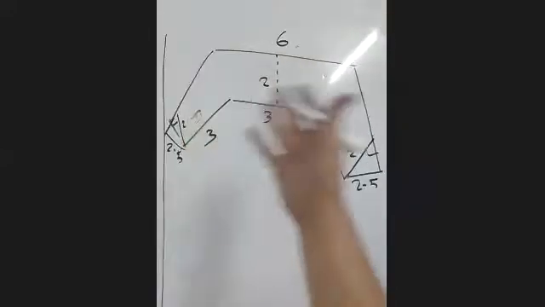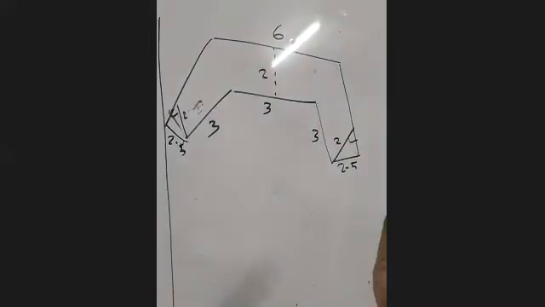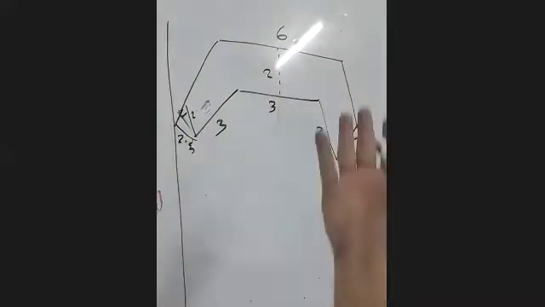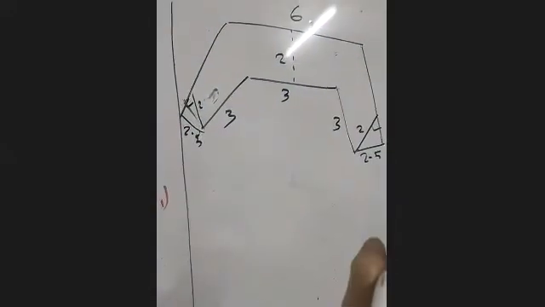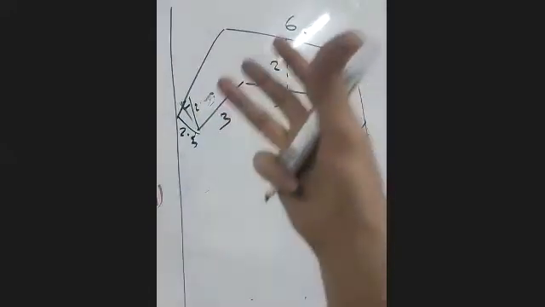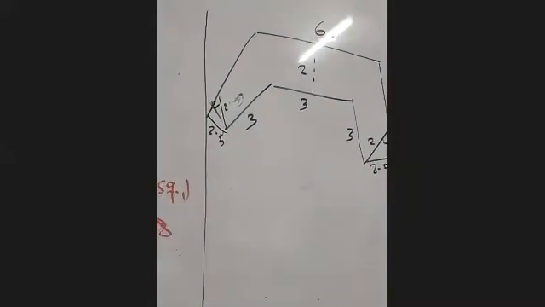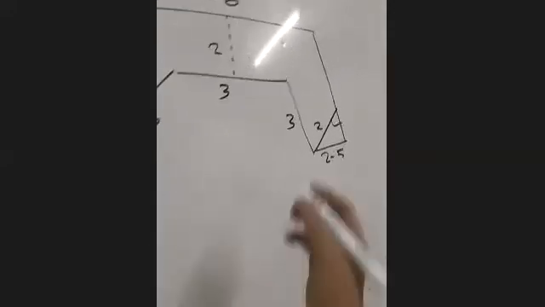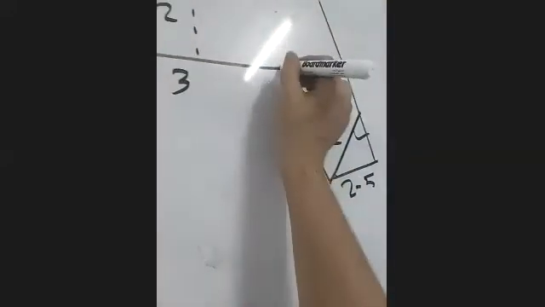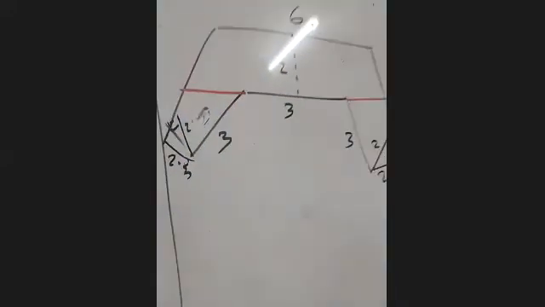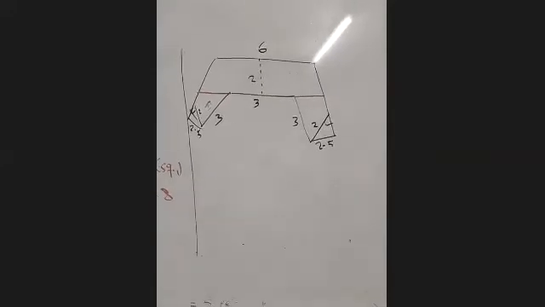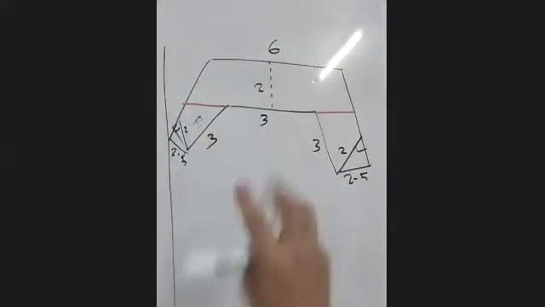Now this graph, we don't know the name of it, so how do we deal with it? I will make divisions to divide it into known shapes, okay? Yes. Known shapes. I will make here, look here. Now how many areas do we have? 3 areas.